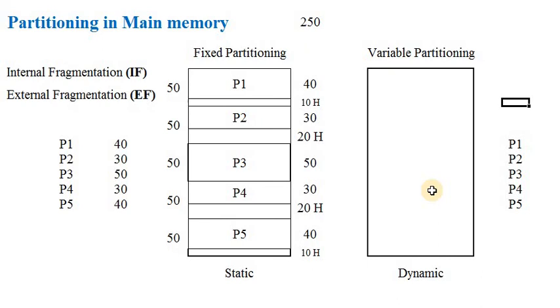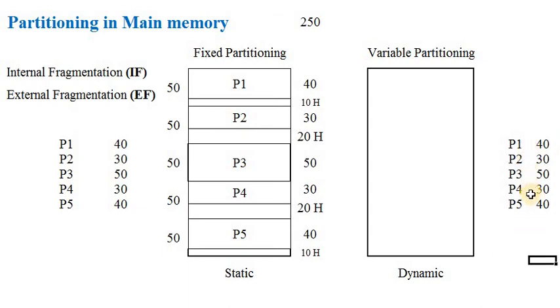Based on the size of the process only, it will be partitioned. So first, let me write the size of the process 1, that is 40. Size of the process 2, that is 30, 50, 30, and 40. So these are all sizes of each and every process.